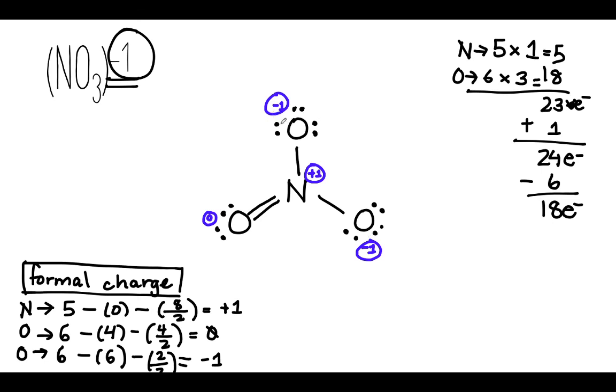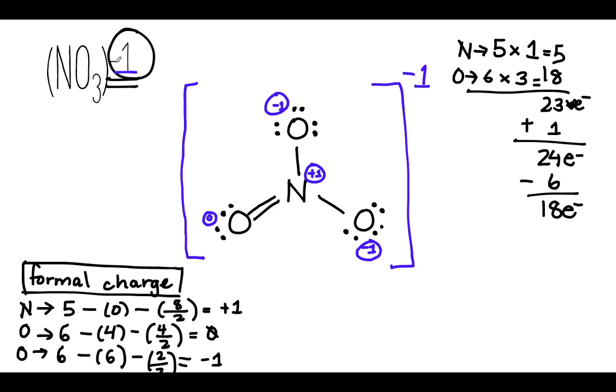If I'm asked to take a look at the overall charge of this ion, I have to account for all of these. If you do +1, -1, -1 into a calculator, you're going to get an overall charge of -1. And I know that this is correct because take a look at my question. Nitrate has an overall charge of -1. So I know that this is confirmed to be correct.